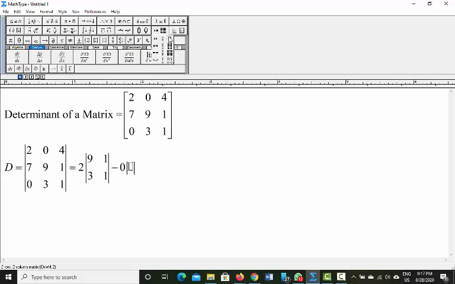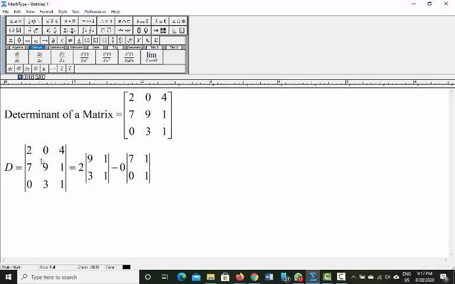Since we are taking this one, we will ignore the first row and the second column. So we will be left with 7 1 0 1.